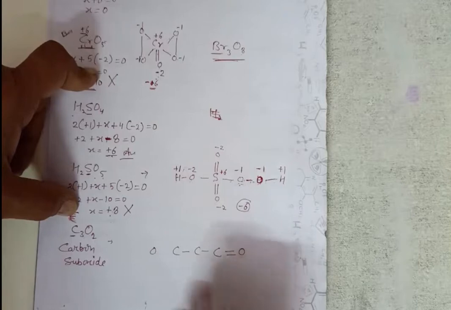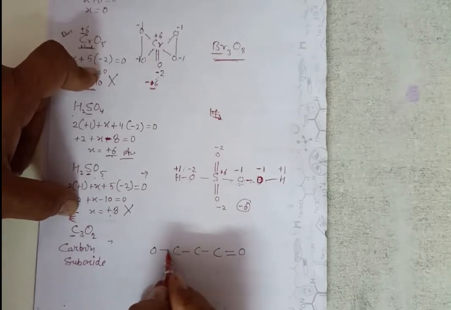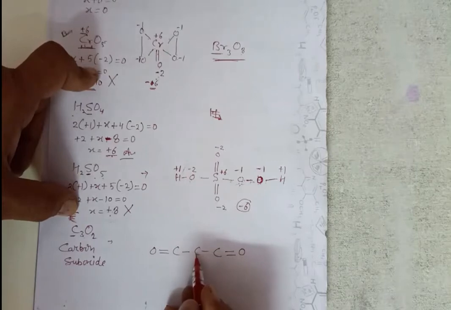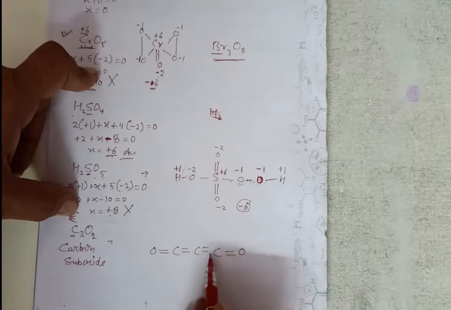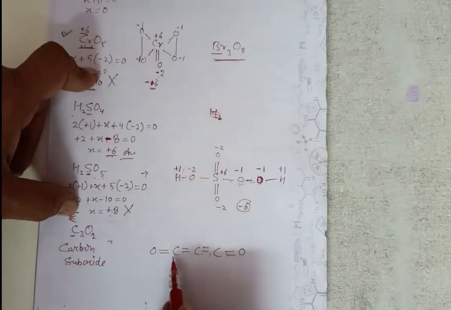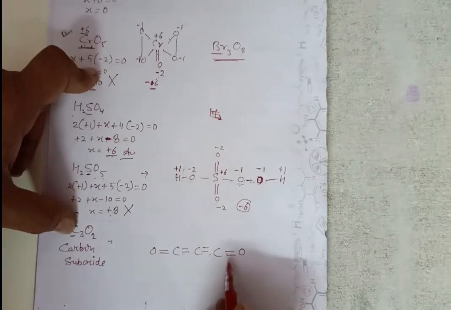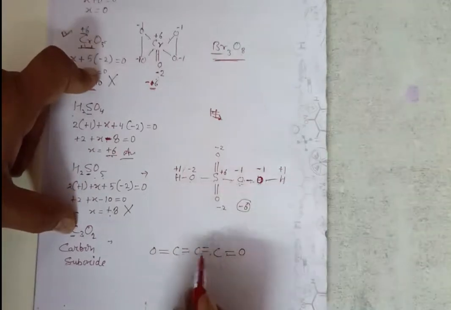Oxygen requires 2 bonds, that's why I formed 2 bonds here. As this oxygen also requires 2 bonds, I write 2 bonds here. Now carbon can form a maximum of 4 bonds, so I write 1 bond here and 1 bond here. Now this carbon has 4 bonds, this one also 4 bonds, and this one also 4 bonds. The carbon valency is satisfied. Oxygen also has 2 bonds, so everything is okay.